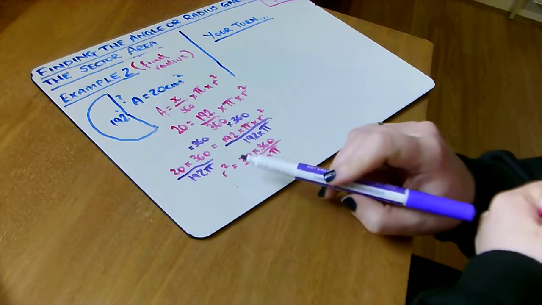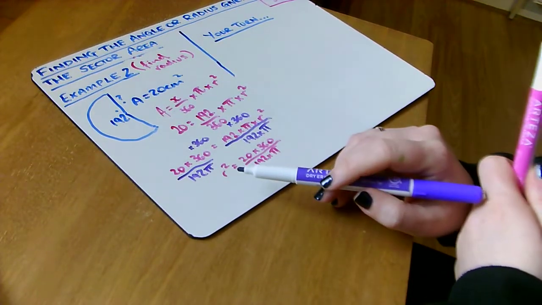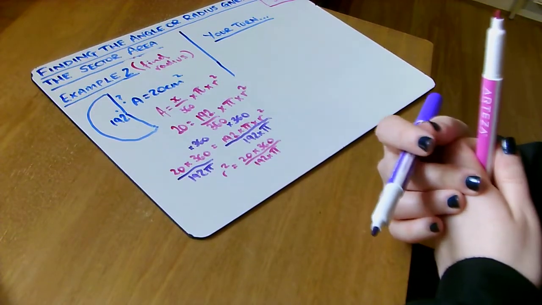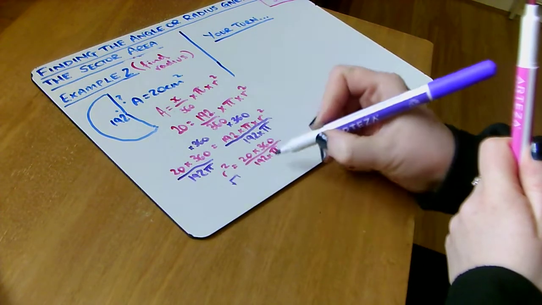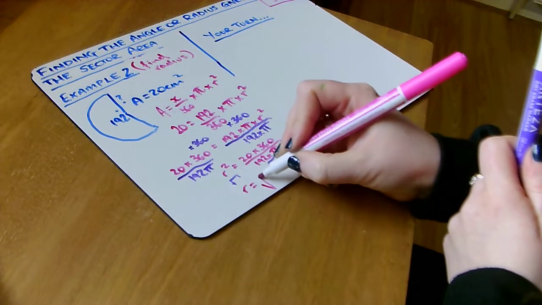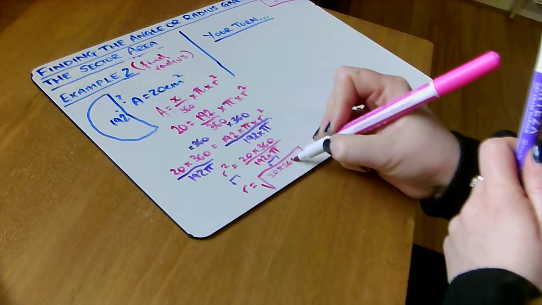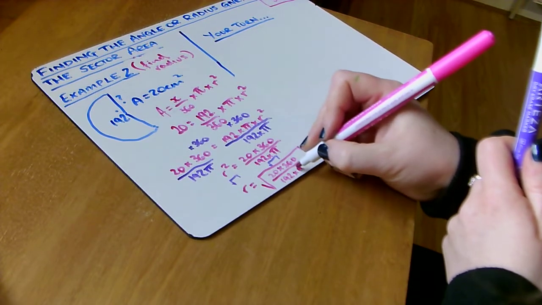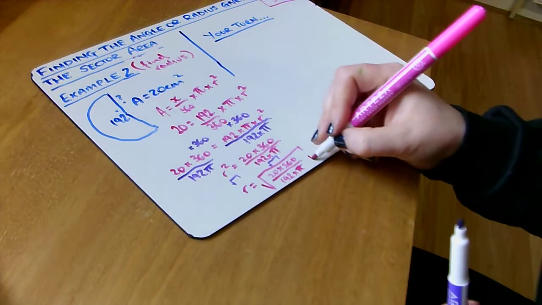But you'll notice as well, second year, that this is r squared. So remember, the opposite of squaring something is square rooting it. So that means we need to square root both sides. So r is going to be equal to the square root of 20 multiplied by 360 divided by 192 times pi.